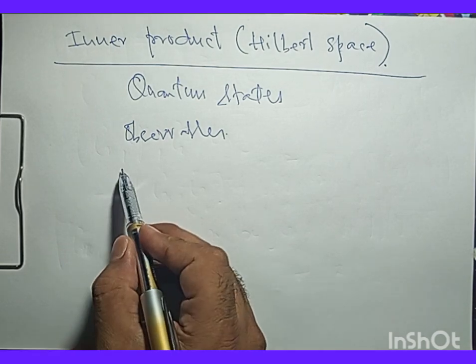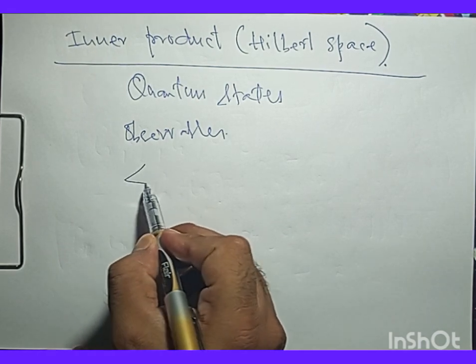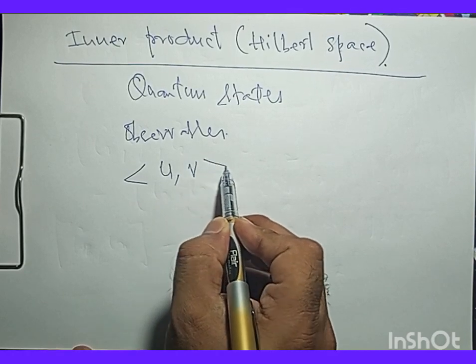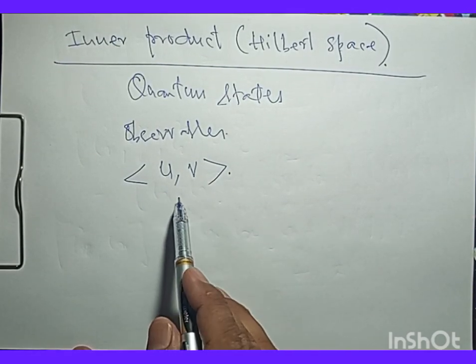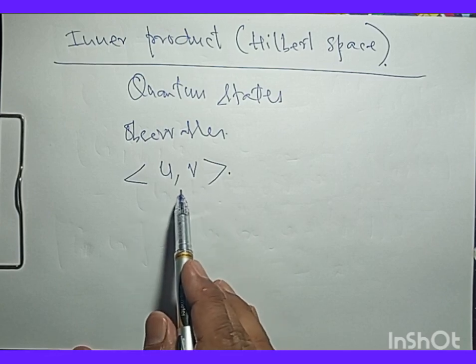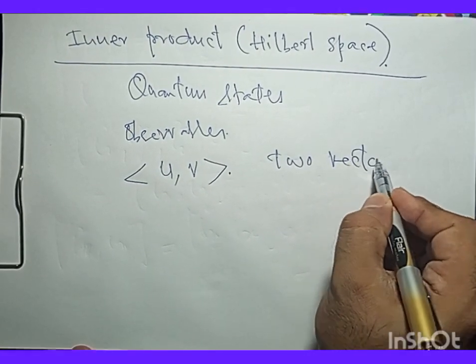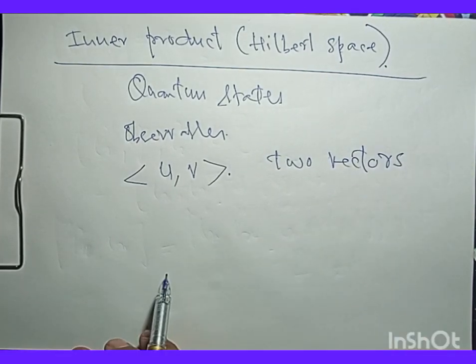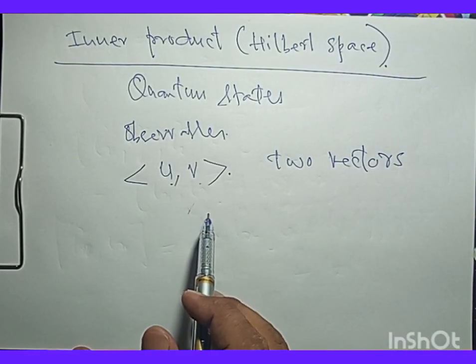If we choose two elements, say u and v, this notation represents the inner product of two vectors, u and v, from the Hilbert space.